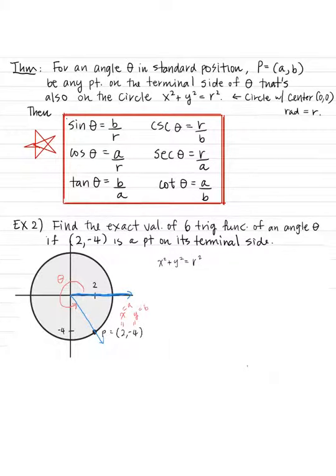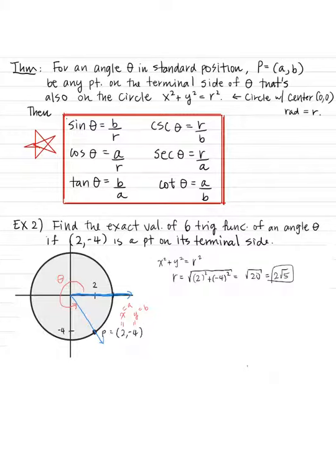So keep that in mind. All right, so our r is going to be the square root of x squared plus y squared. So here you're going to have 2 squared plus negative 4 squared, so the square root of 20, which is 2 square root of 5. Okay, so that's going to be our radius.